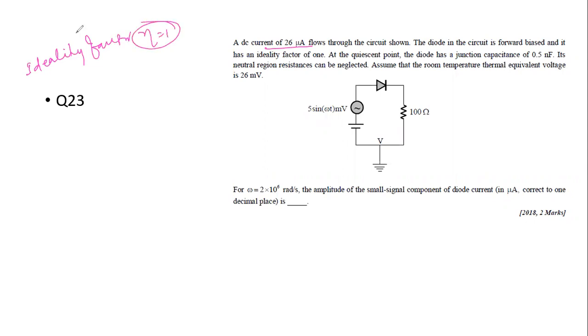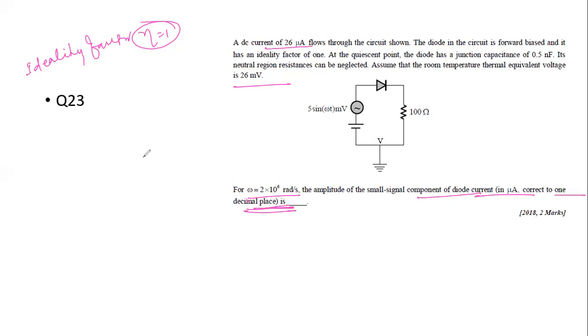At the quiescent point, the diode has a junction capacitance of 0.5 nanofarad. Its neutral region resistance can be neglected. Assume that the room temperature thermal equivalent voltage is 26 millivolt. For omega equal to this value, the amplitude of the small signal component of the diode current, correct up to 1 decimal place, is equal to what?